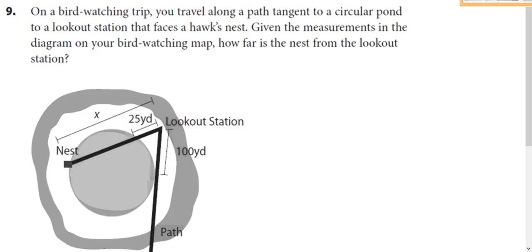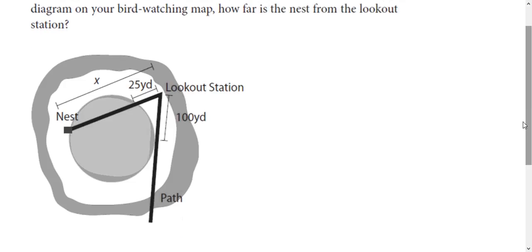On a bird watching trip, you travel along a path tangent to a circular pond, so here's our path, to a lookout station that faces a hawk's nest. Given the measurements in the diagram, how far is the nest from the lookout station? So this is our tangent segment right here. From where it touches the circle to the lookout station is 100 yards.